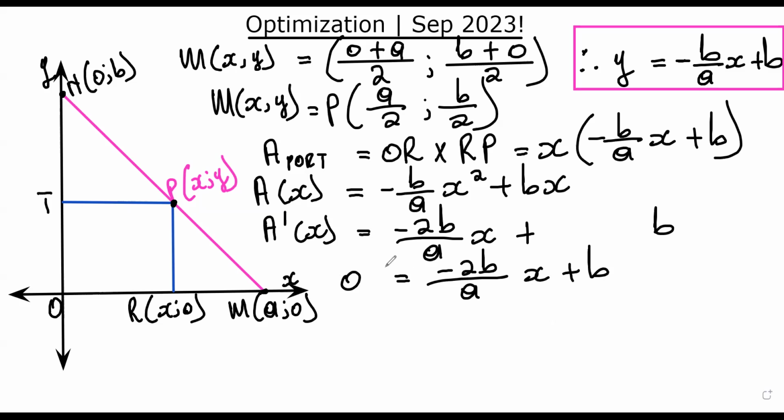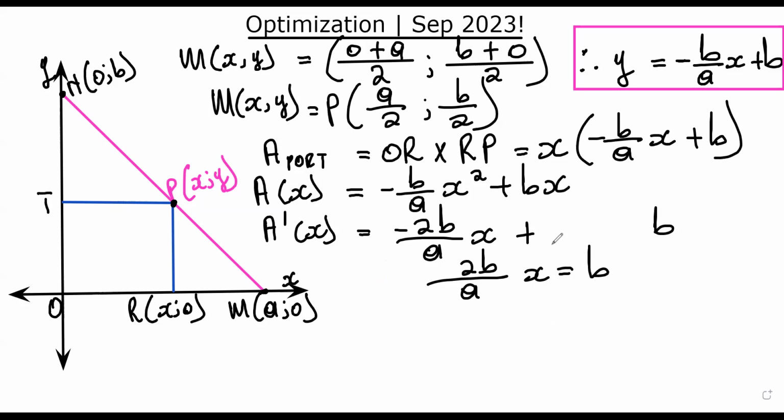And then we want to solve for x, right? So we take this term to the left-hand side. When it gets to the left-hand side, it becomes positive. So we are now going to have 2b over a x, which is equal to b.